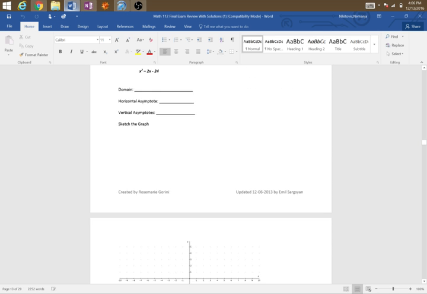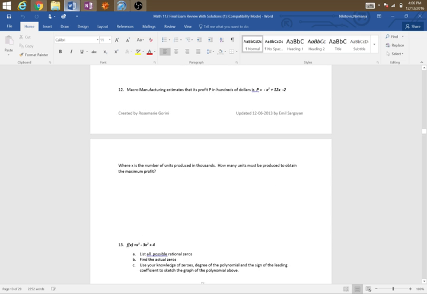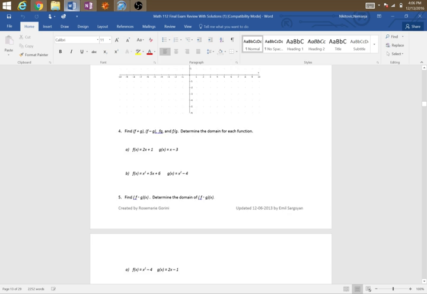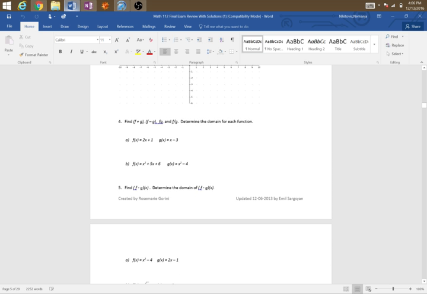For 4, well, you look at the function. Domain is anything that doesn't make the denominator 0, and so on. But you have 4 different functions.